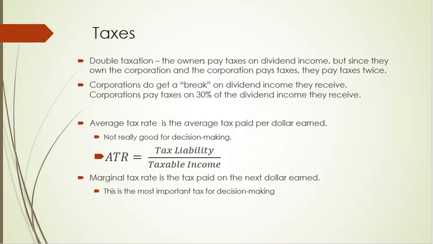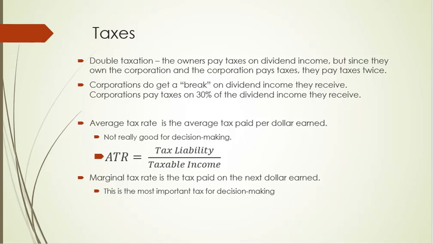There are two tax rates that we need to be concerned about. The average tax rate is the average paid per dollar earned. It's not really a good number for decision making, but it's the tax liability, the tax that you owe, divided by taxable income. Now, the marginal tax rate is the tax that you pay on the next dollar that you earn.